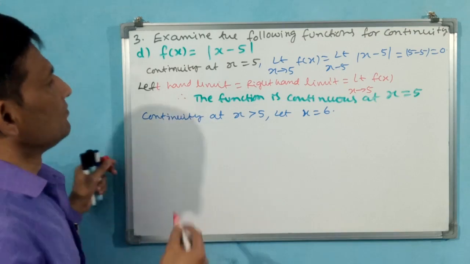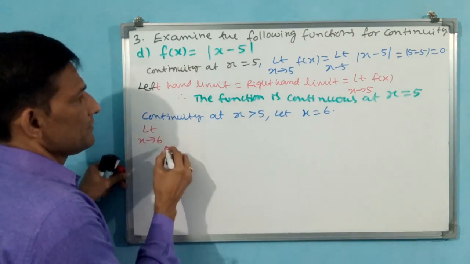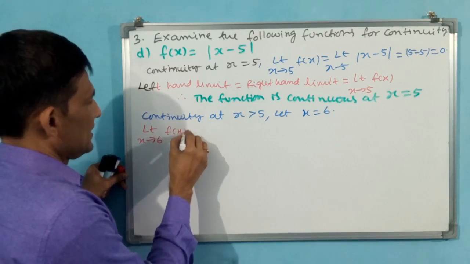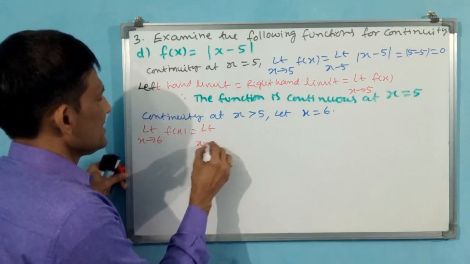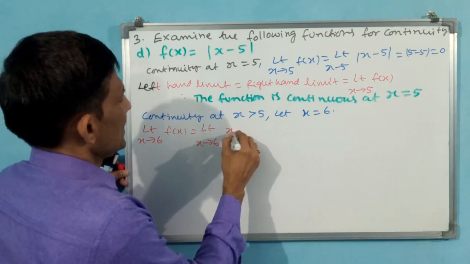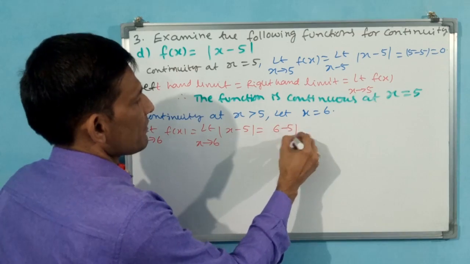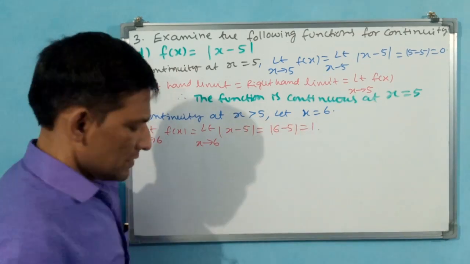Okay, write down. Limit x tends to 6 f of x is equal to limit x tends to 6 modulus x minus 5, that is equal to modulus 6 minus 5, that is equal to 1. Is it okay?